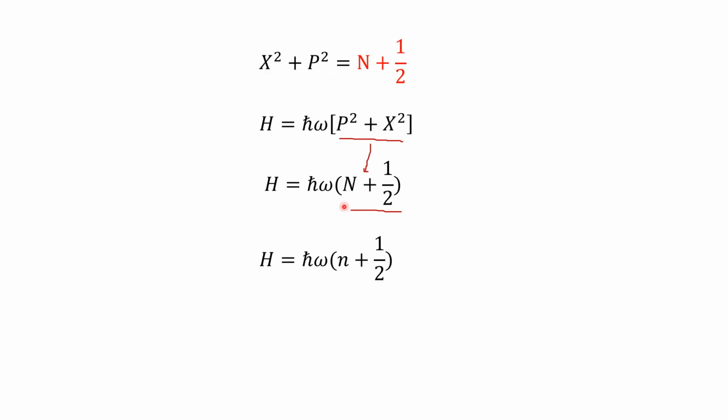Hence n is called a number operator. Small n represents the energy state. That is, for the zeroth state, it is h cross omega by 2, and for the first state, it will go on. This is a number operator, which is justified. We know very well that this is the well-established relation that the Hamiltonian for a harmonic oscillator is h cross omega into n plus half.